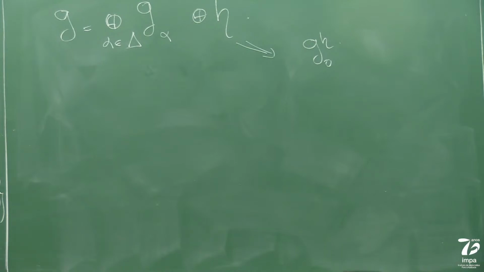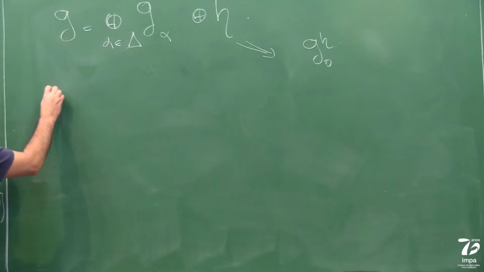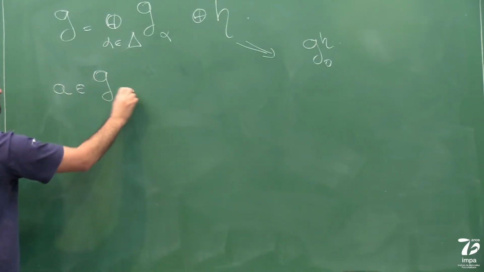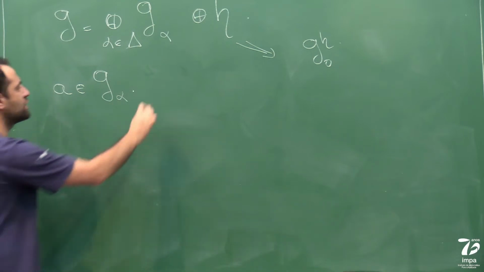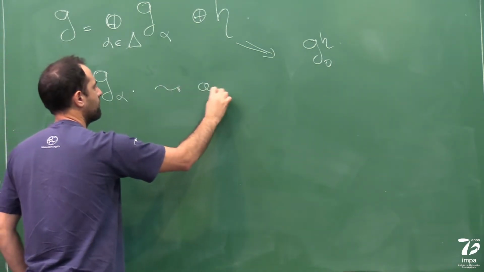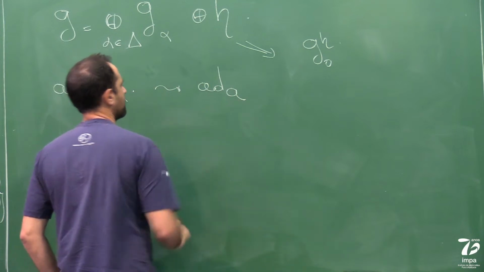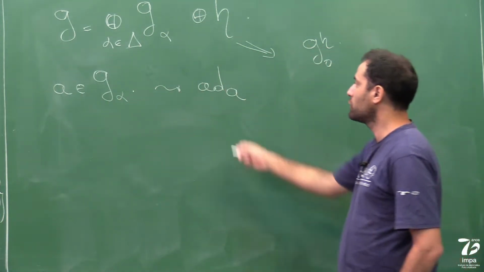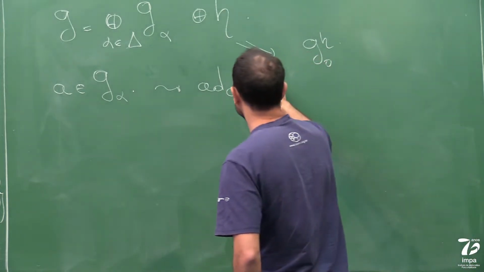And let's just pick an element. If you give me some A in G alpha, then the adjoint action by A is nilpotent.